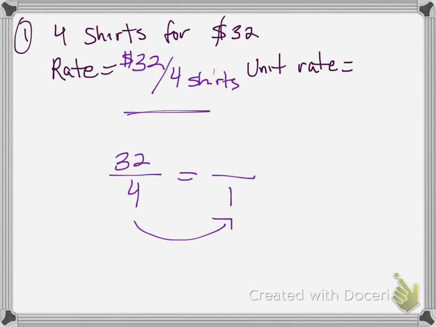So how am I going to move from a 4 down to a 1? I need to divide by 4. So I have to do that to my numerator as well. And when I divide by 4 here, I would get 8. So my unit rate is 8 over 1, and remember that is dollars per shirt. So $8 per shirt.